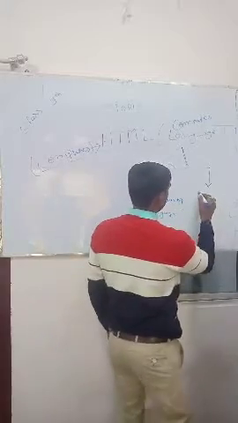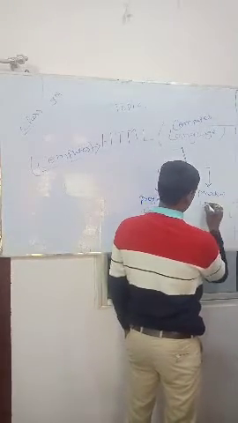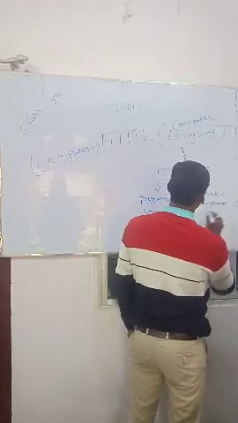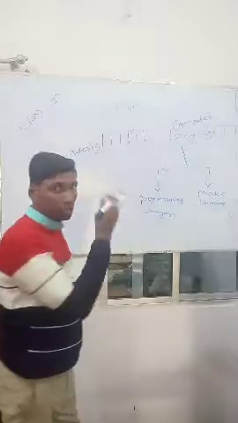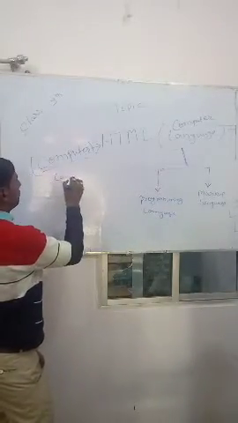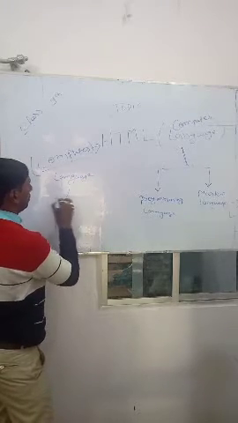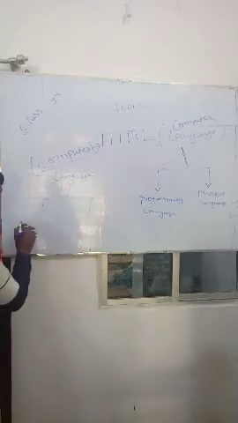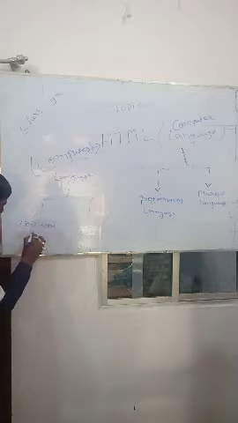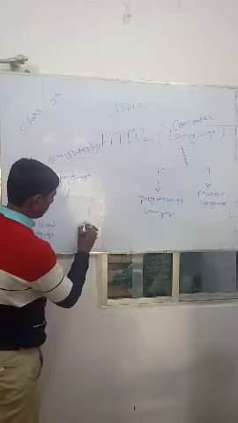And second one is markup language. Basically, generally, language is described in two types. First one is low level language, and second one is high level language.